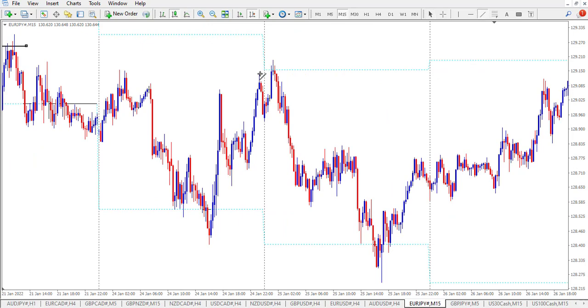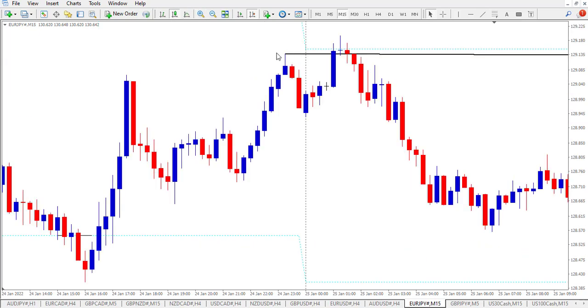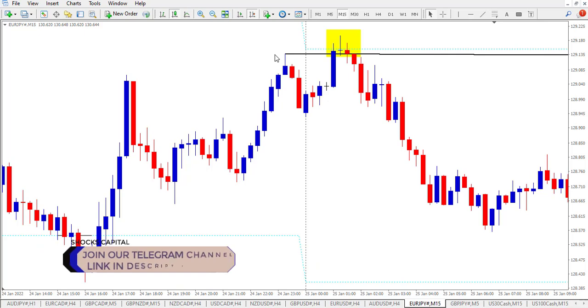If you look at this area, the first leg is lower than the second leg, but the second leg looks like it threw a pin on top of this high, meaning it didn't have a lot of activity on top of the first leg high. So what we are saying is this is a liquidity grab on top of this high. That's making a stop hunt M.